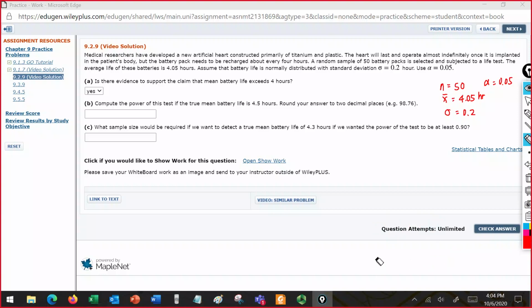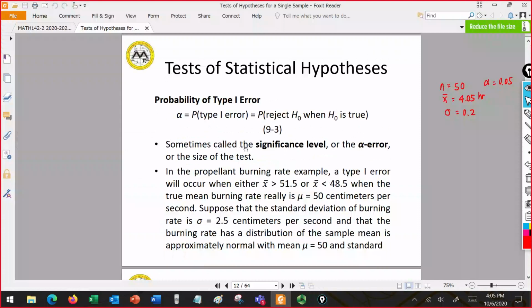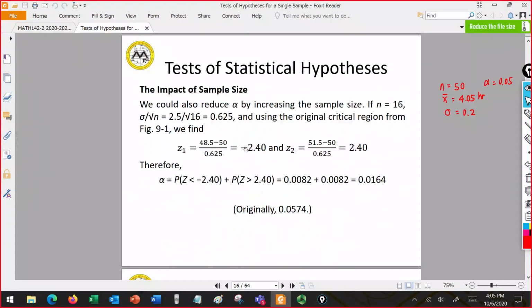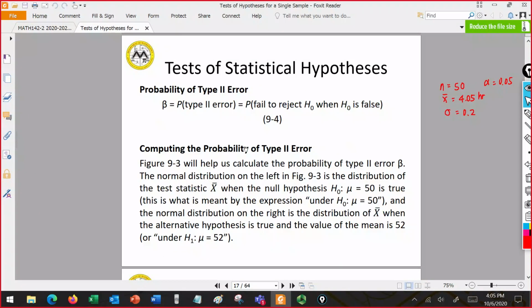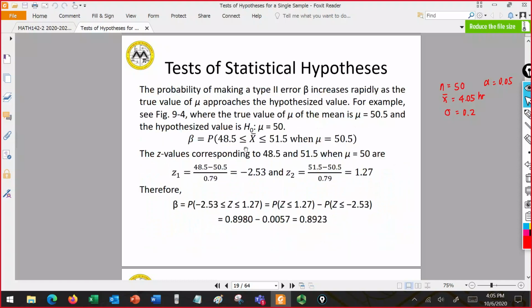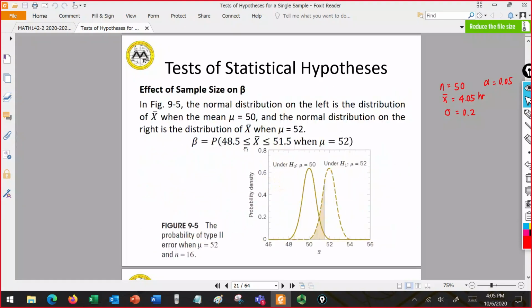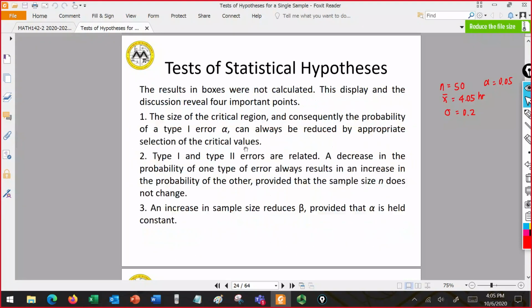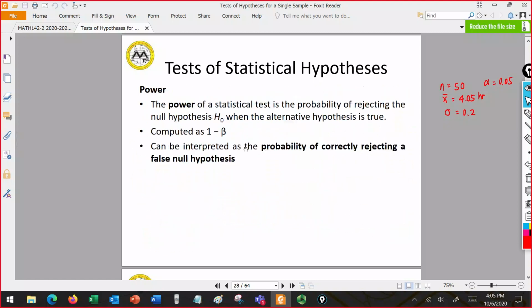The next part is the computation of 1 minus beta. I haven't mentioned about the power of a test. The power of the test is simply the complement of beta.